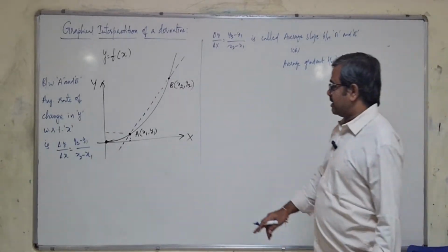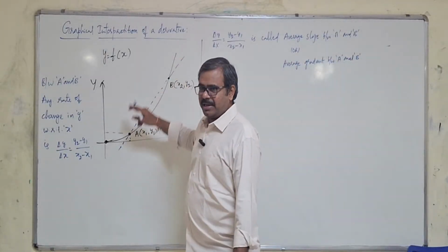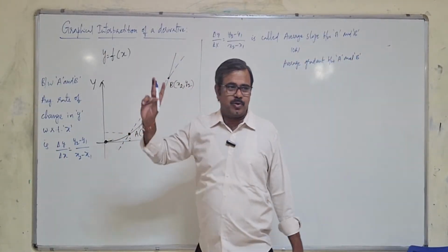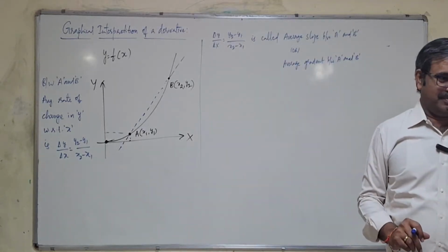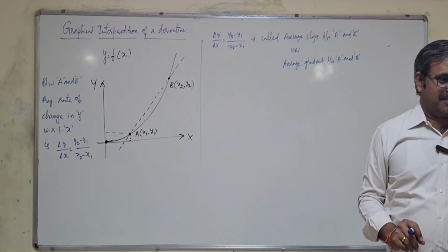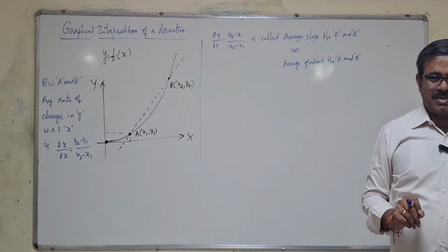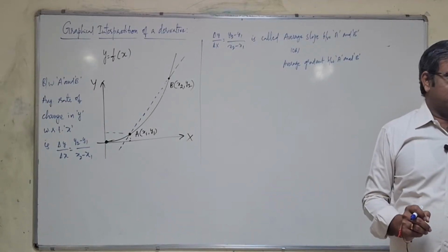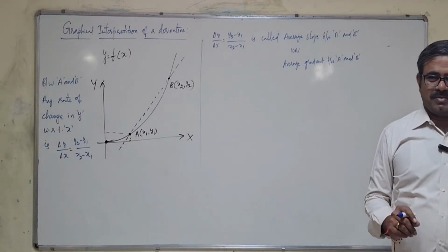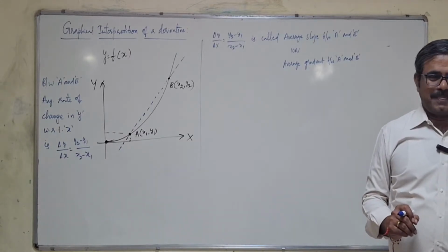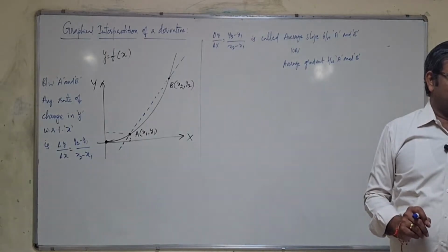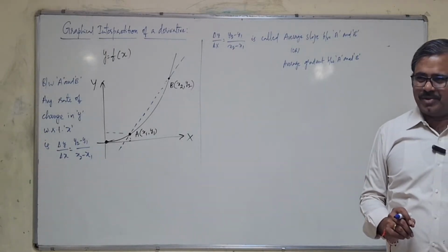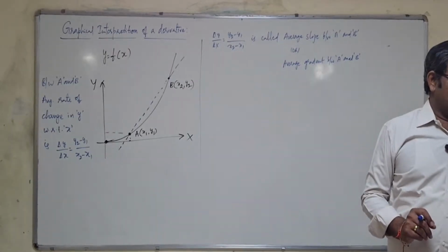What is this straight line called? A straight line that intersects the given curve at 2 points has a name. You have heard of it. It's called a secant line. Have you heard of it?